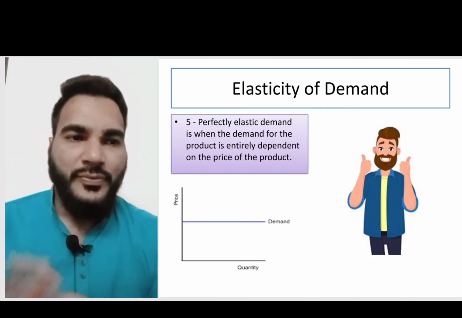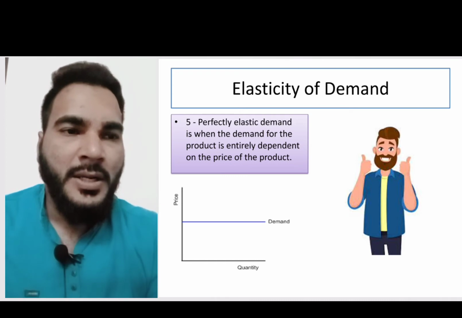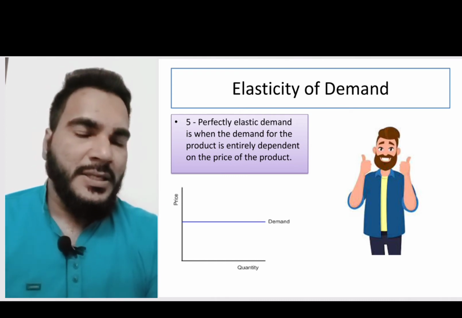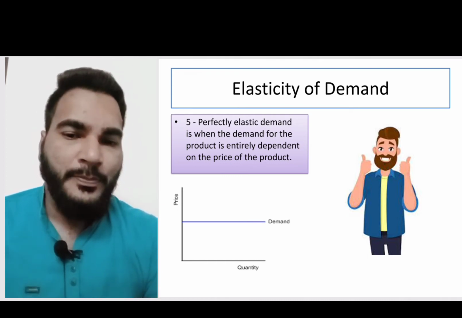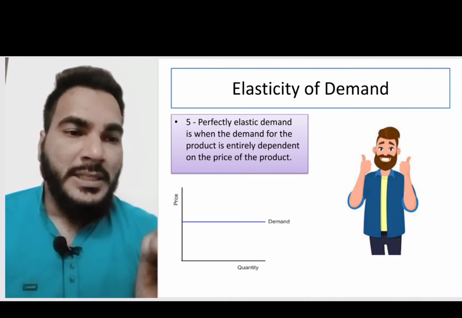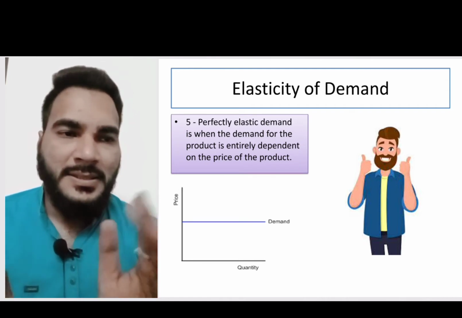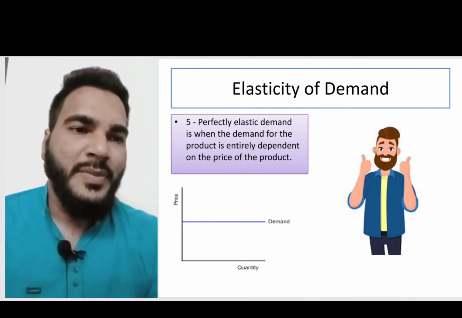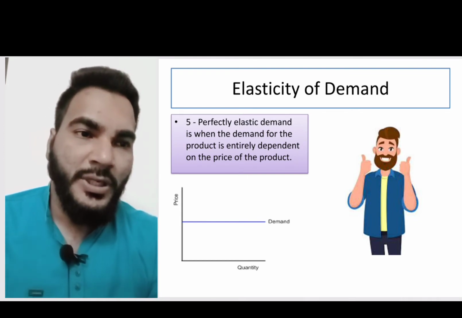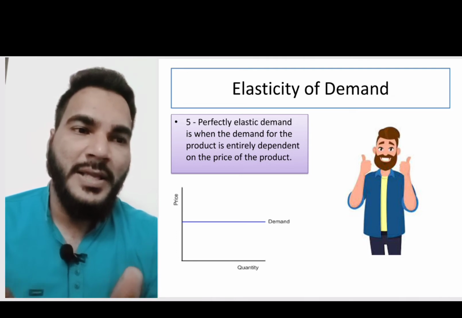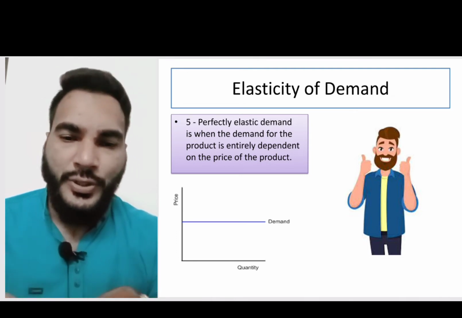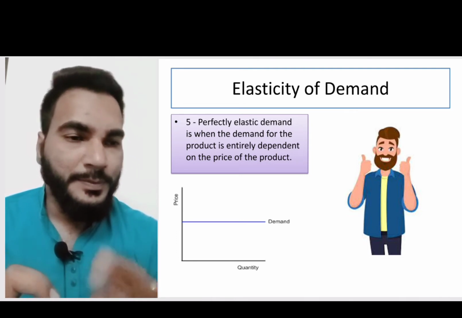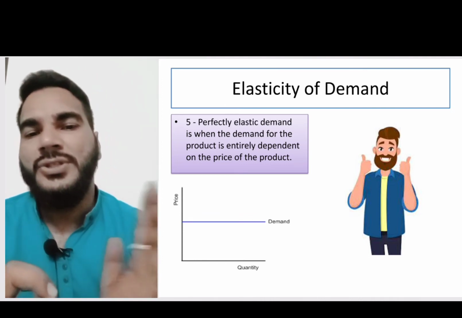On another slide we have perfectly elastic demand. In perfectly elastic demand, you can see the prices are the same, but the demand is getting changed. The word elastic refers to the change in demand only. Perfectly elastic demand is when the demand for the product entirely depends on the price of the product. Simple. Here prices are the same, but the demand is getting changed continuously.